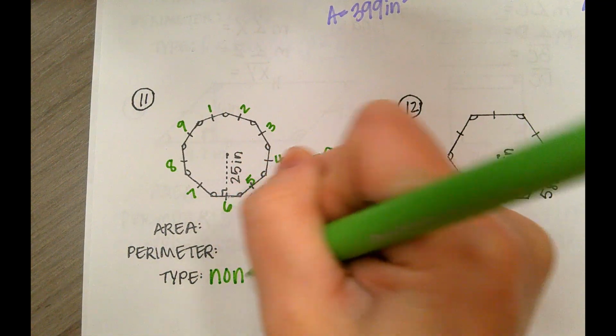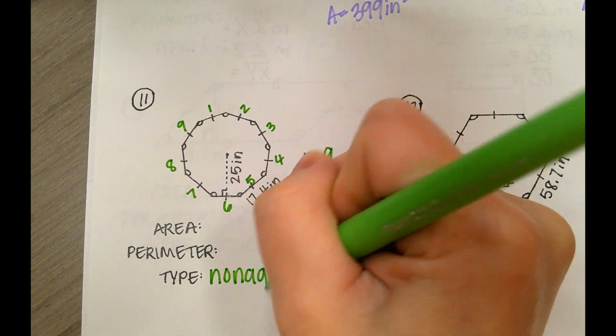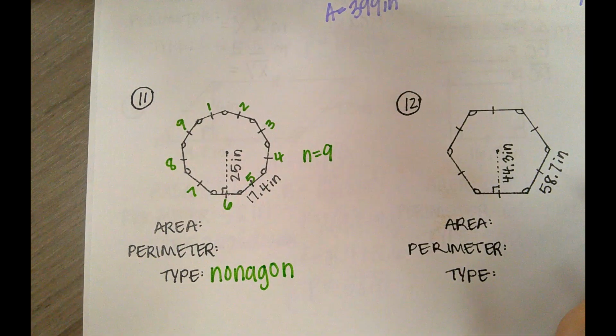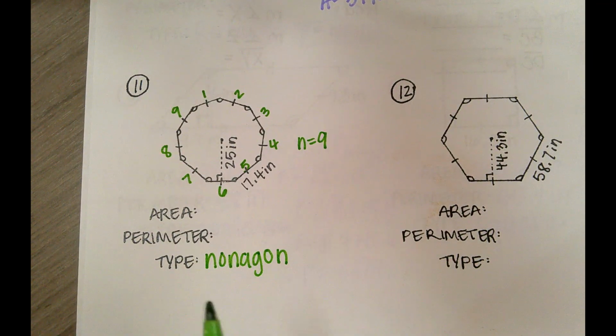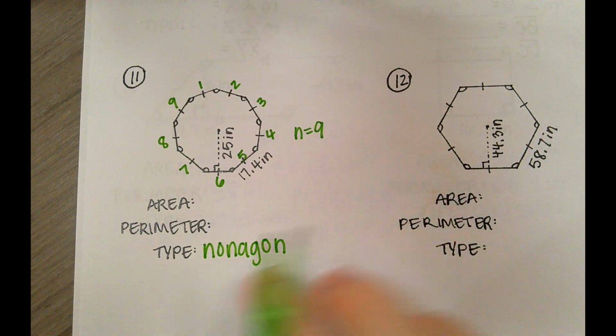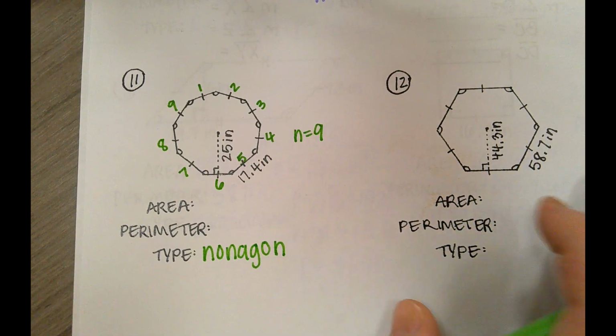And remember, you guys don't have to memorize these names. We took notes over it a few days ago. So if you don't have the notes from the day that we talked about how to name polygons, come talk to me and I can help you because you're going to need those for your quiz.